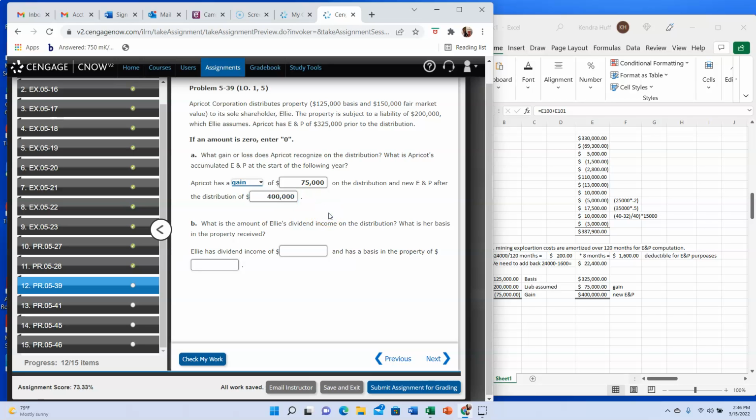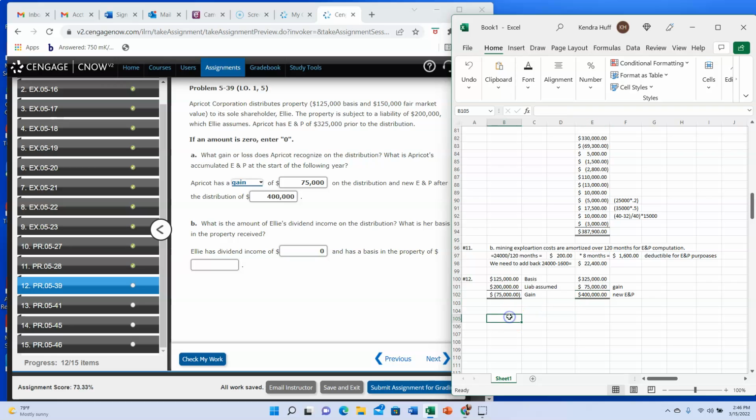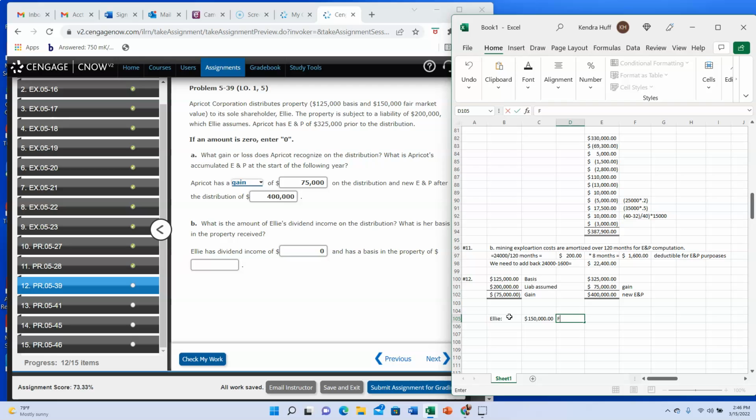What is the amount of Ellie's dividend income on the distribution? What is her basis in the property received? All right, Ellie has dividend income of 0 because, how do you spell Ellie? The property had a fair market value of, what was it? I don't know, 150? That's her liability assumed. So no income.